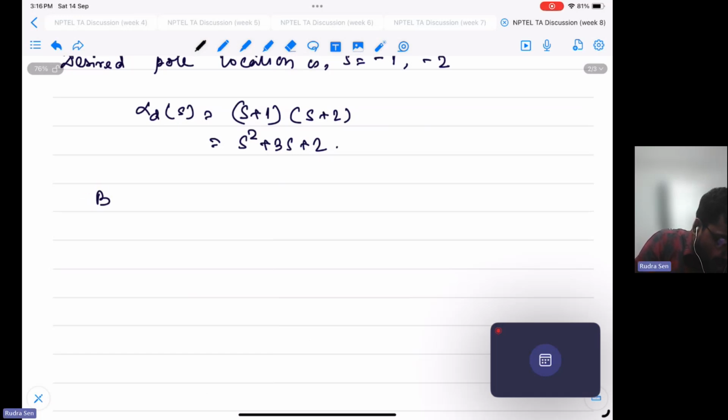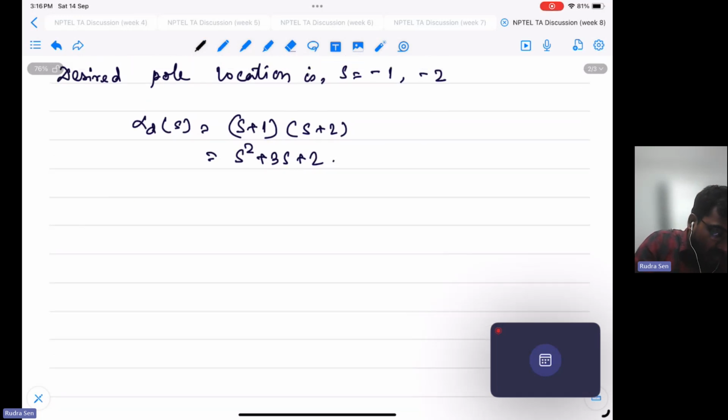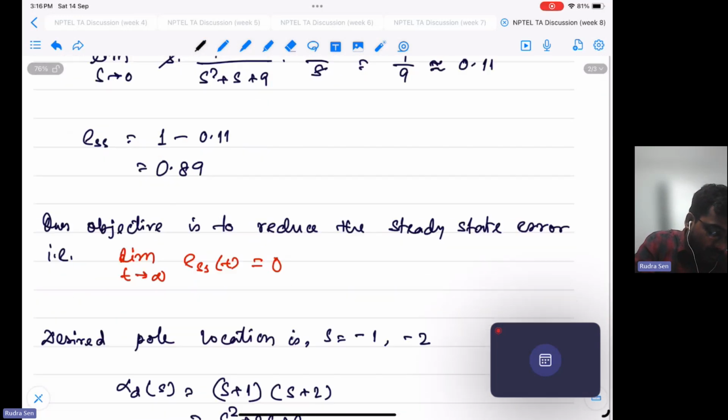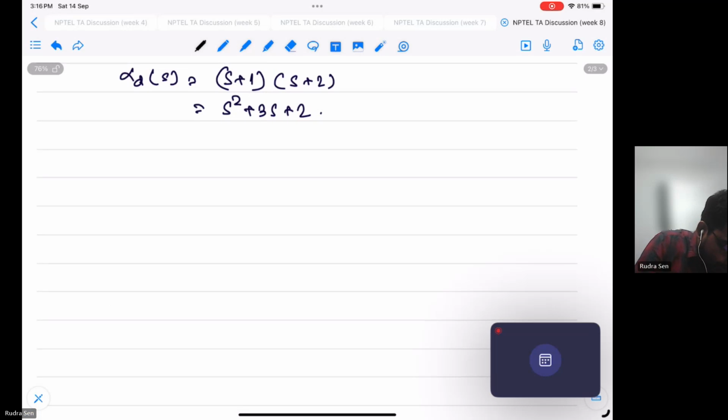So we have a B matrix. First of all, we need to convert this. Our system is G(s) equals 1 by s square plus s plus 9.